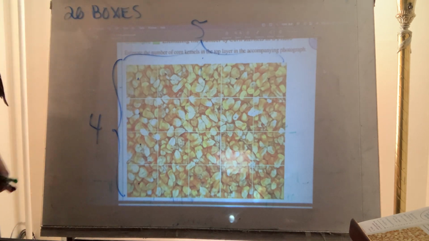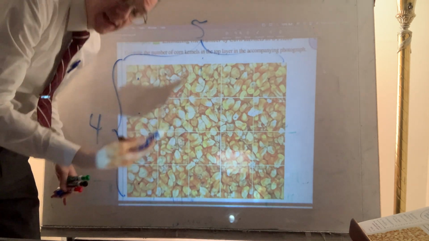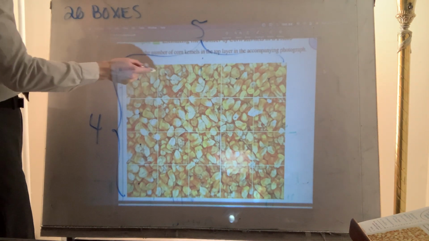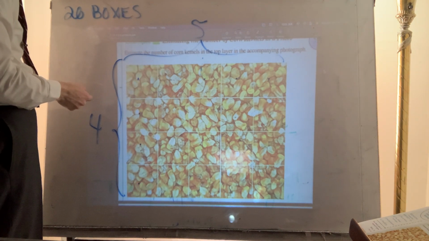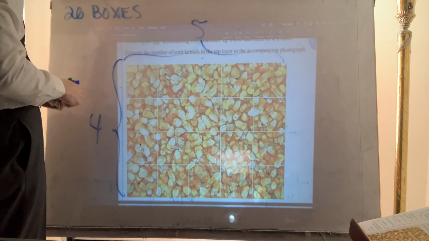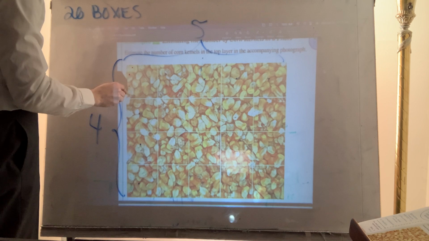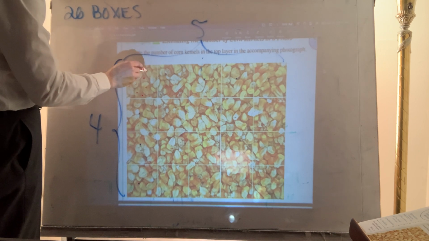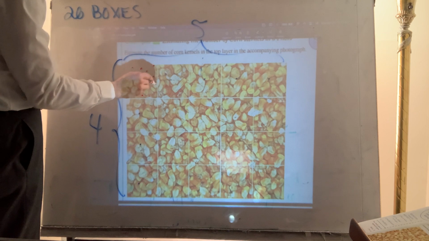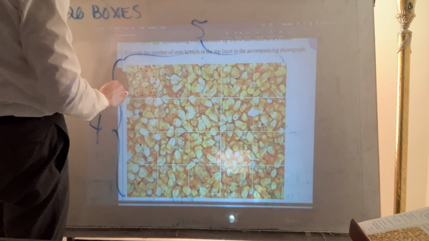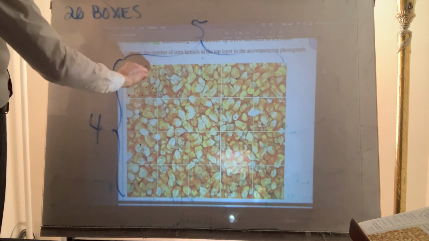Rather than count all of them, an estimating technique would be to go to the first one and count how many corn kernels you see in there. So I'll try. 1, 2, 3, 4, 5, 6, 7, 8, 9, 10, 11, 12, 13, 14, 15, 16, 17, 18, 19, maybe 20. So it's about 20.